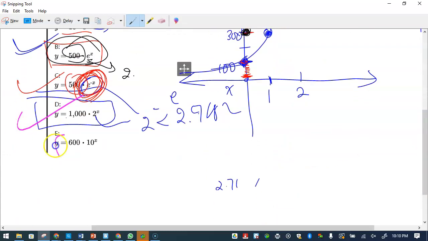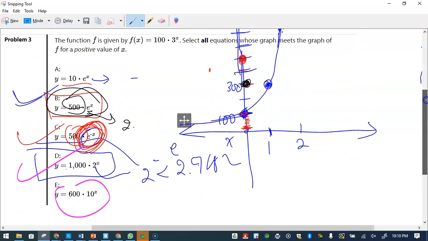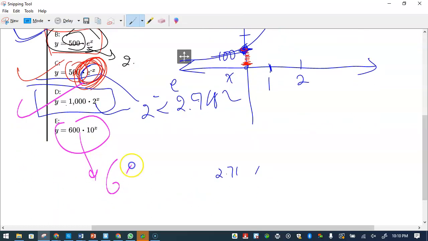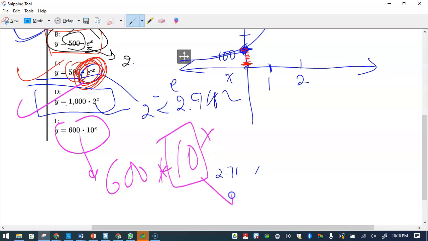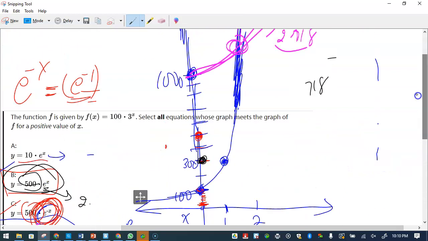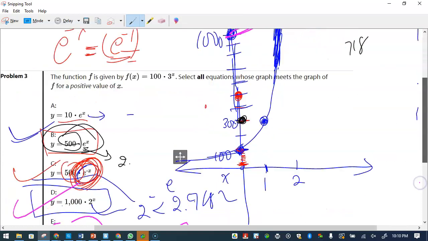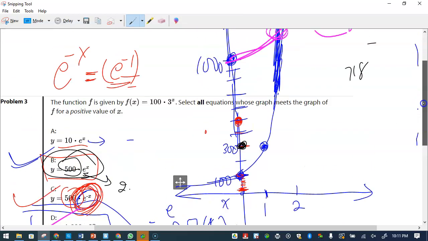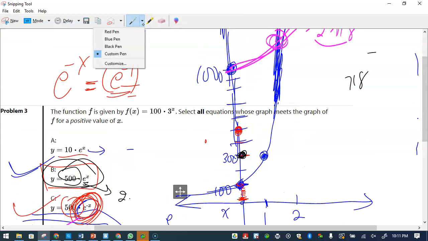And finally, what about this 600? Now, if you see this part, oh my God, this is 600 times 10 to the x. And look at this growth factor. And this e is less than 10 because 2.7182 is less than 10. What it means is the new graph starts at 600. So where is 600? Let me take another black color. 600, 300, 400, 500, 600.